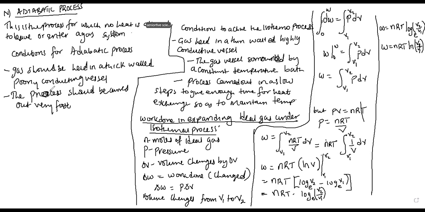In this case, the equations are almost the same, but because of the adiabatic process, you can see that PV gamma is equal to a constant.